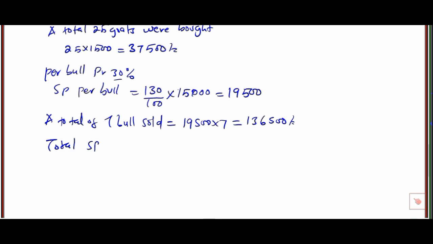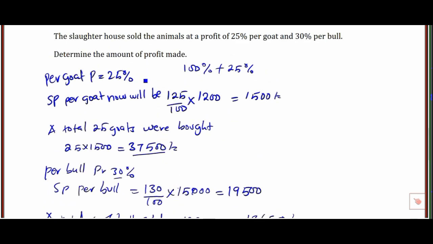Now the total selling price becomes, you take the amount the goats were sold, 37,500, and add it to the total selling price for bulls, and that will give you a total selling price of 174,000.